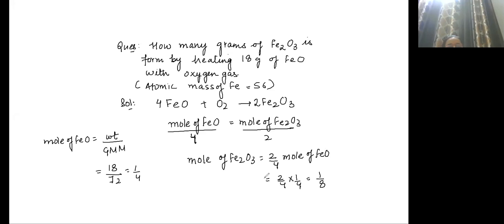So if moles of Fe2O3 is 1 by 8, then what will be its weight? Weight is moles into GMM. What is GMM of Fe2O3? Correct, that is 160. So 1 by 8 into 160. So this is equals to 20 grams. Copy this. If this is done, let me know.